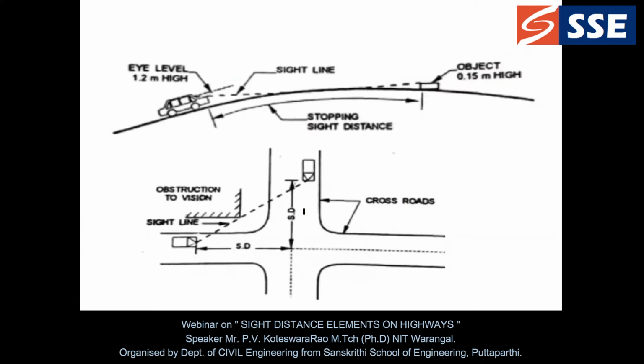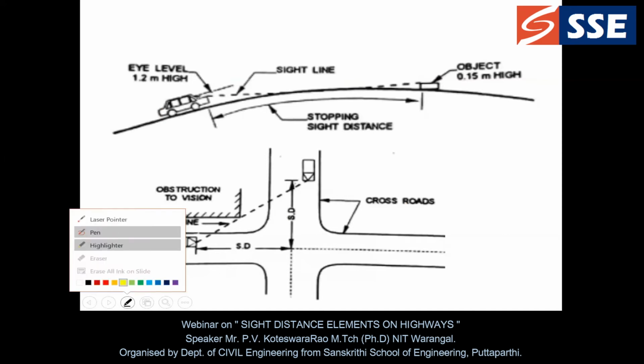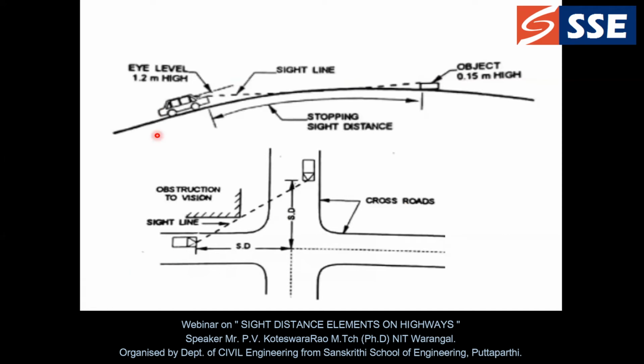So if you observe this one, whatever I mentioned in the previous slide: I have the vehicle here, and the line of sight is going to be in this direction. The driver's eye level is this one, 1.2 meters above the ground surface. This is as per IRC recommendation. And if you observe this one, here the height of the object is only 0.15 meter.